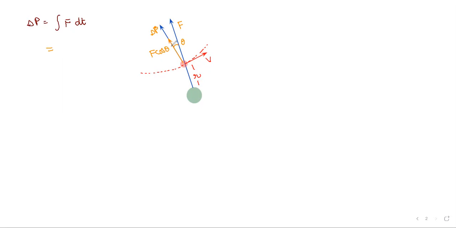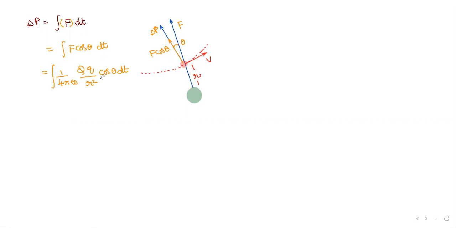So to calculate delta P, I have to take the component F cos theta in place of F, which influences the linear momentum. The other component is perpendicular to delta P and won't influence it, as in the laws of motion chapter. So this is F cos theta dt, where I substitute F as 1 by 4 pi epsilon naught, q into q by r square, into cos theta into dt.